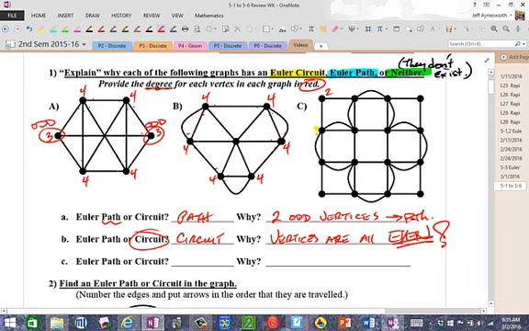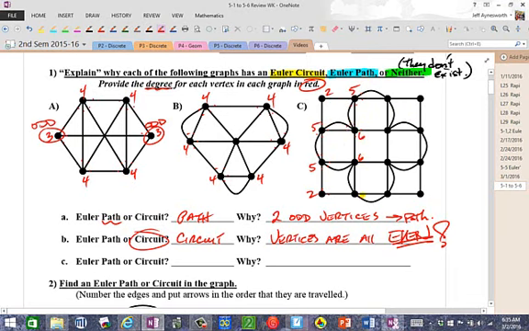Next one, we have 1, 2, 3, 4, 5. We got 5 here. Another 5. And up here, 1, 2, 3, 4, 5. We got a lot of fives. Already I can see, because I have more than two odd vertices, no path nor circuit exists. But I'm going to continue. 1, 2, 3, 4, 5, 6. We got 6 here.